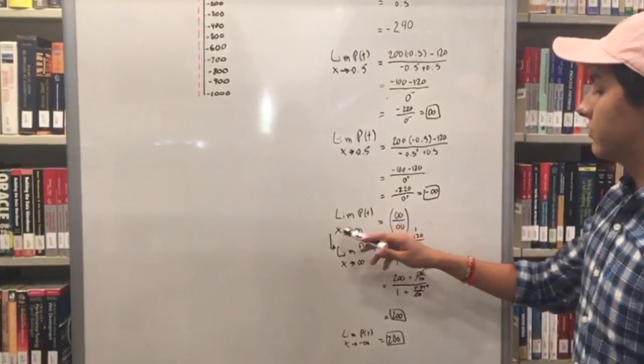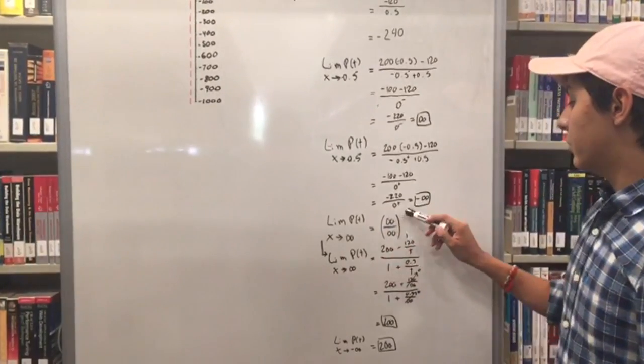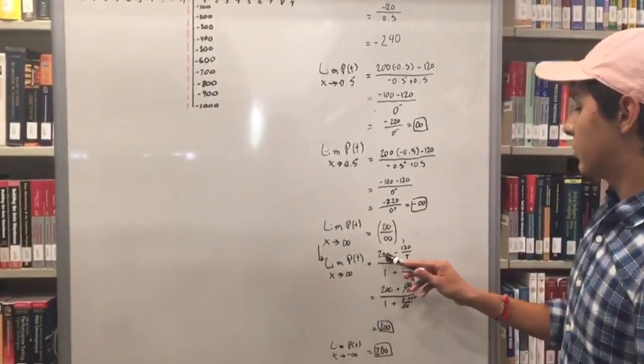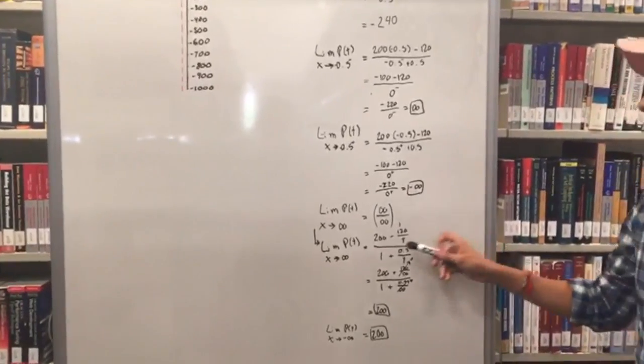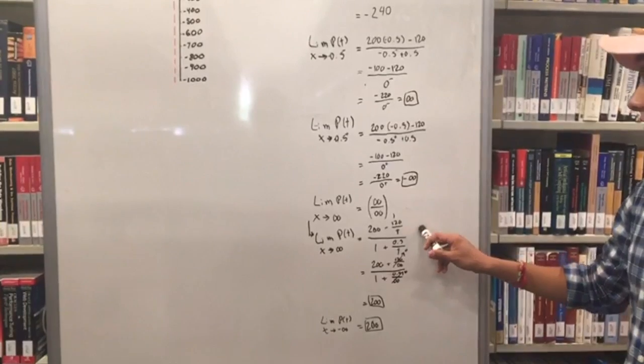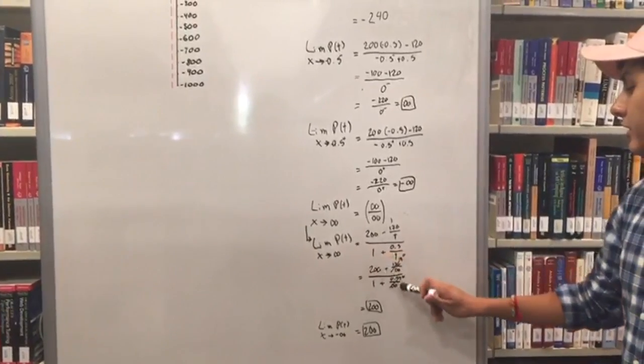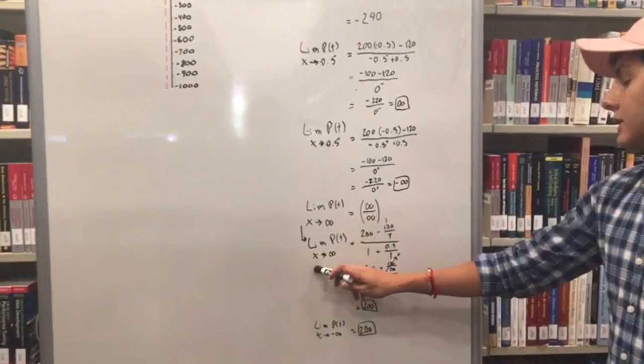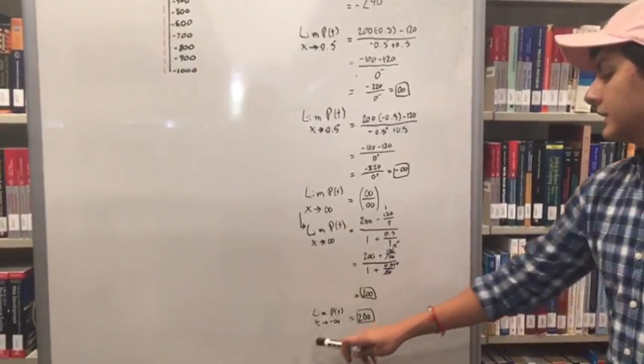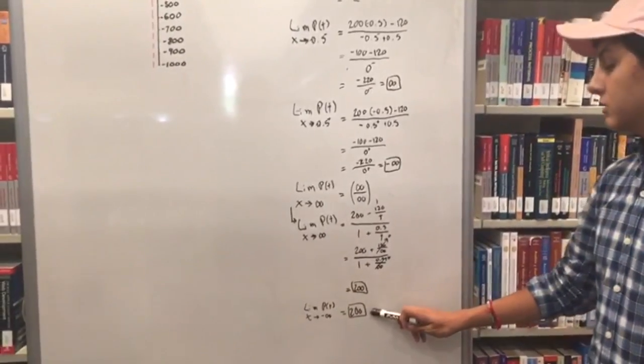If we check the limit as x approaches infinity, we get infinity over infinity. So we simplify the function and evaluate with infinity, and we get 200 as x approaches infinity, and as x approaches minus infinity, also 200.